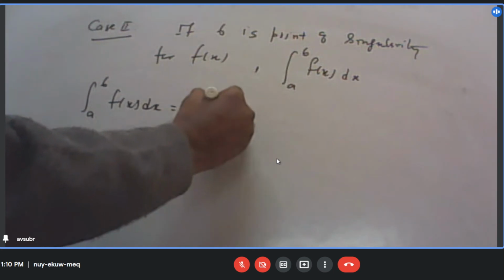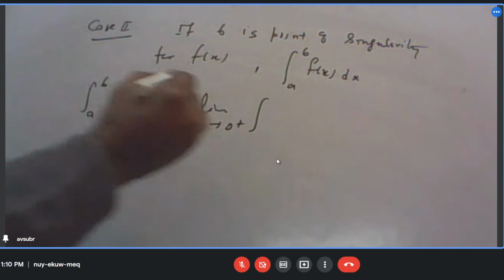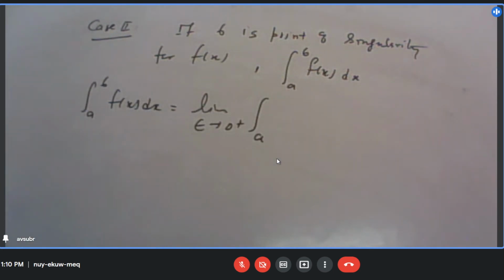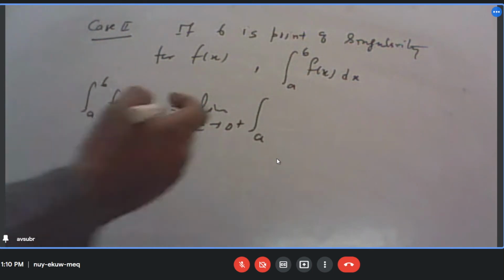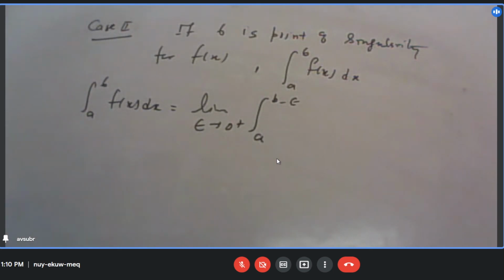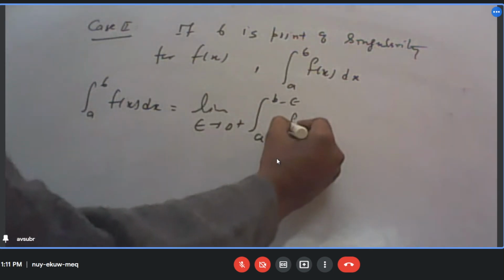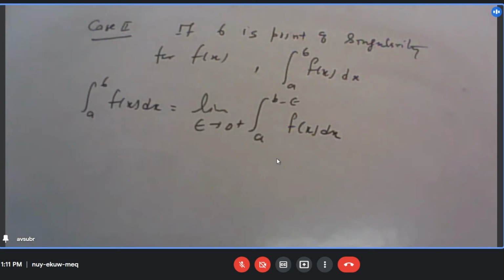Now you just see that earlier we were talking about a point. Now we are talking about where it is blowing up, B. So we are confining ourselves slightly below B, that is B minus epsilon.